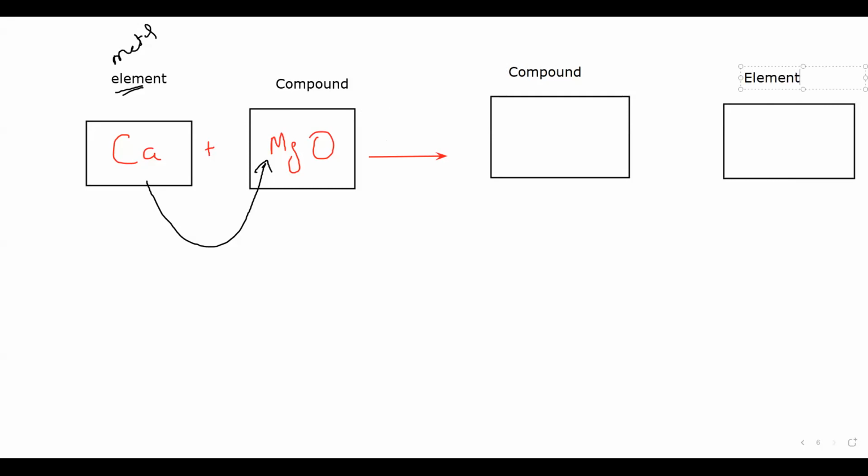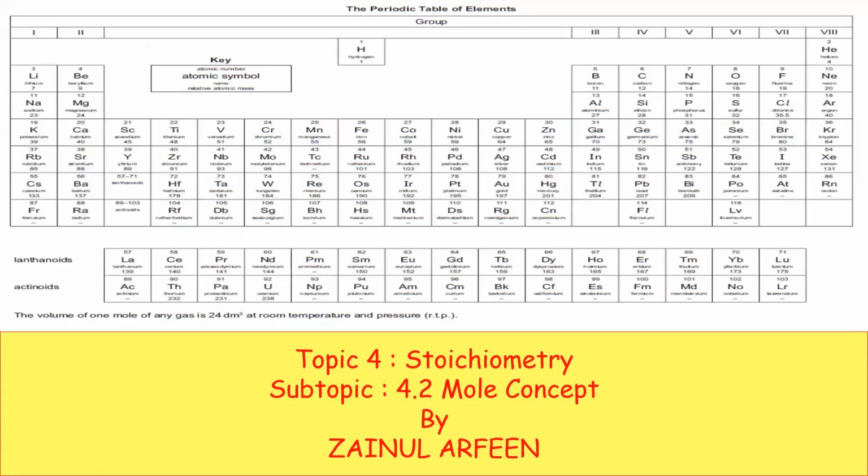And how to write the formula of a compound? We want to write the formula of the compound formed by a combination of calcium and oxygen. So you have to check the periodic table again. Calcium is +2 and oxygen is group 6, so -2.